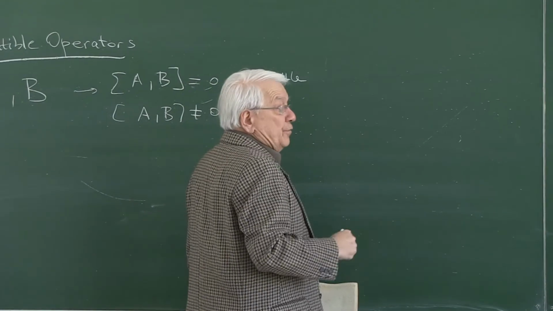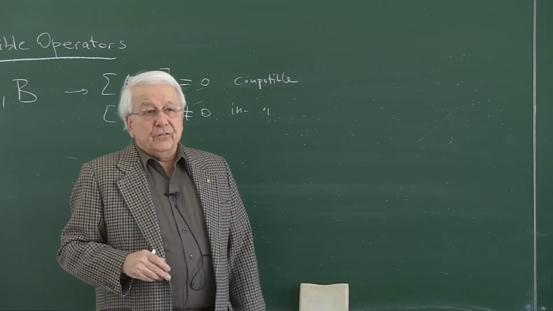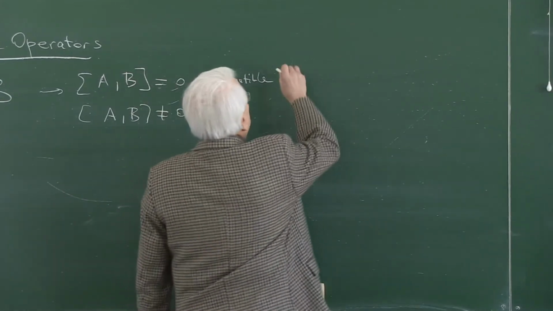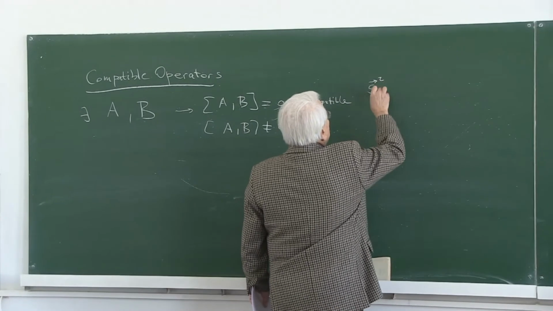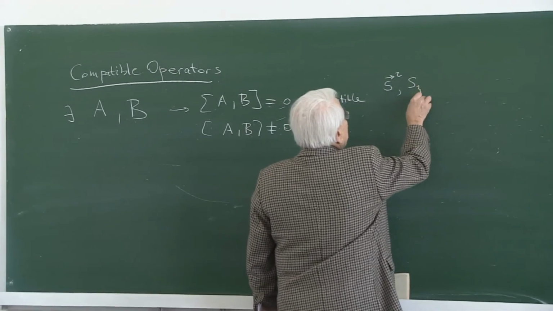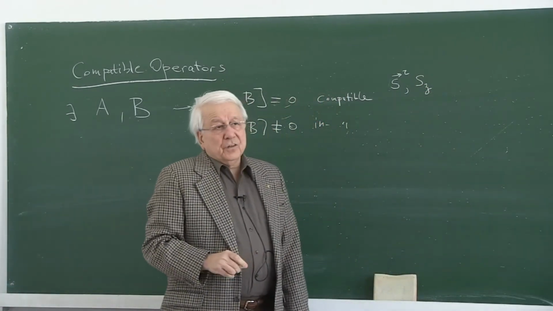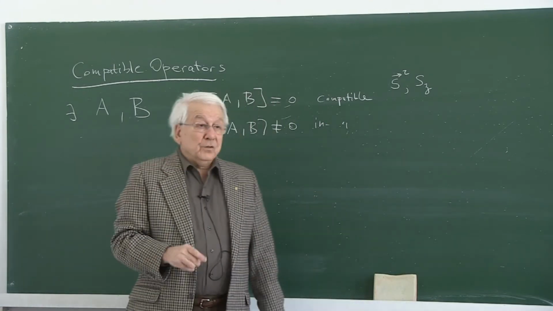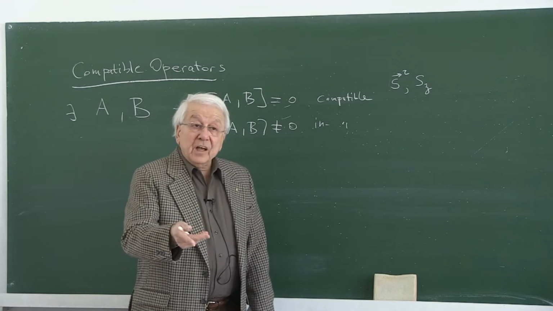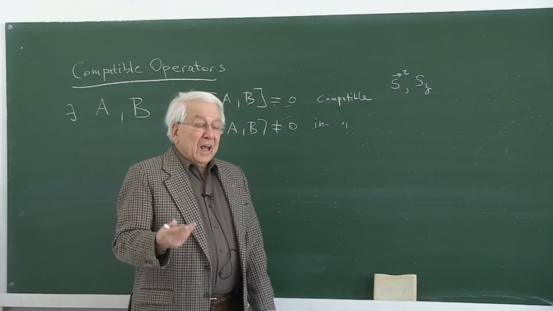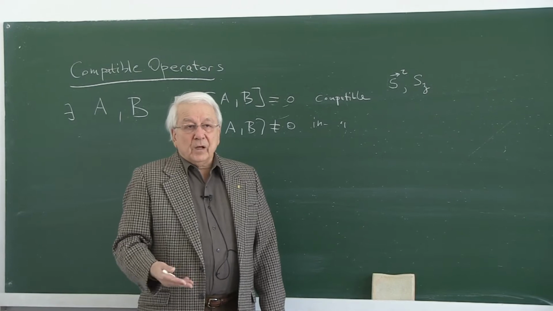We have just finished a discussion on the spin 1/2 system. What are examples of compatible operators? For example, S squared and Sz pair. It's just an example of compatible operators, but you could also choose S squared and Sx. That's also a compatible set. S squared and Sy is also a compatible set.